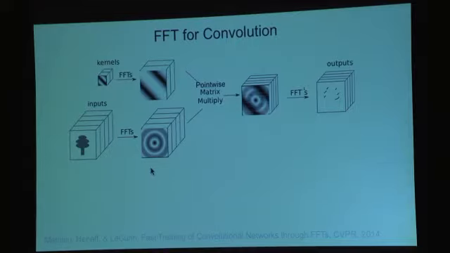And similarly, I now have to do the inverse transform for the output images, but I get to do that for each of the input images. And so I get to amortize the cost of the transform over the fact that I'm doing this convolution for every input image times every output image.